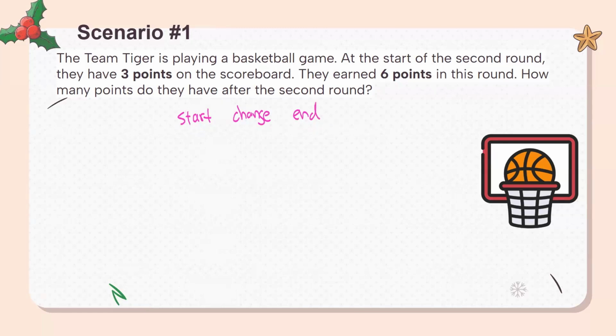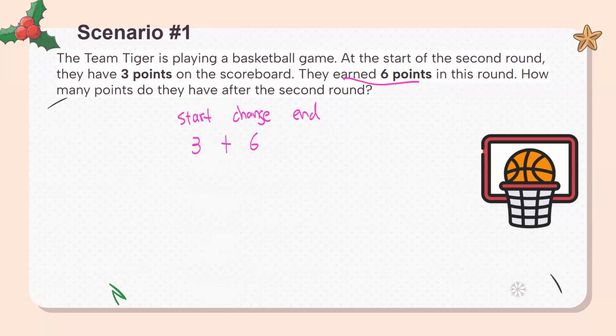Look at the second sentence: at the start of the second round, they have 3 points. So we start with the number 3. In the third sentence, they earn 6 points in this round, so our change is 6. Since they earn 6 points, we are going to add more points. So it's 3 plus 6.